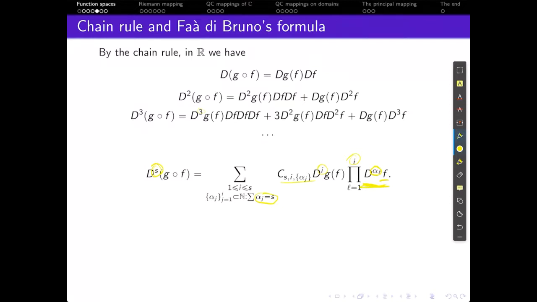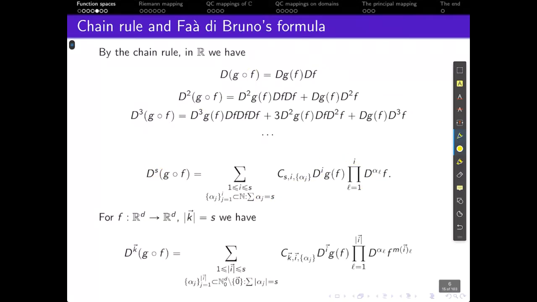But our function f will map R^d to R^d. What happens if we go from R^d to R^d? Well, then the derivatives will be a vector. You don't have one index, but a vector valued index of derivatives. This means that you differentiate k1 times in the first component, k2 times in the second component, and so on. Then what will happen?